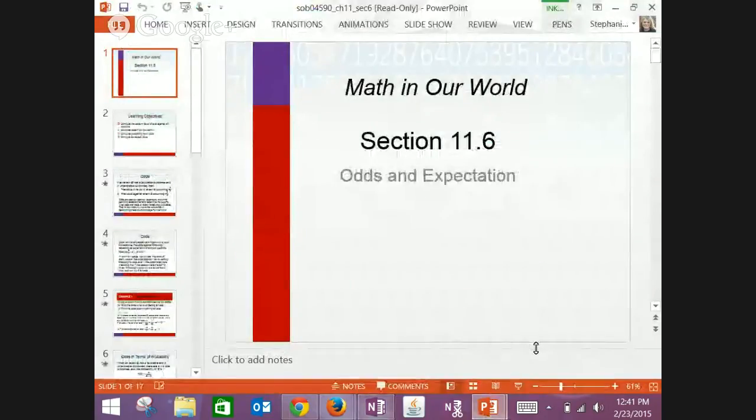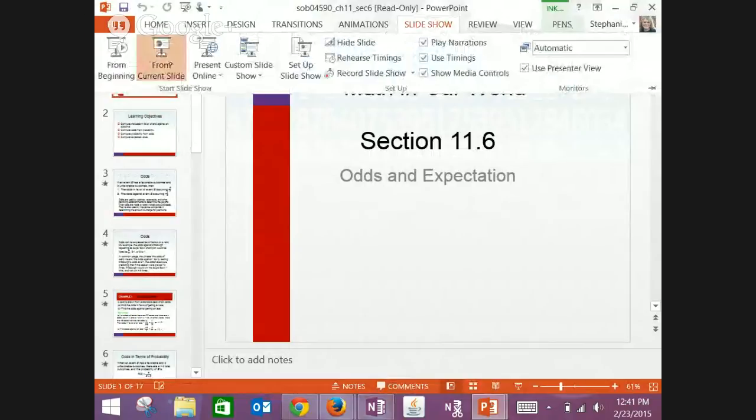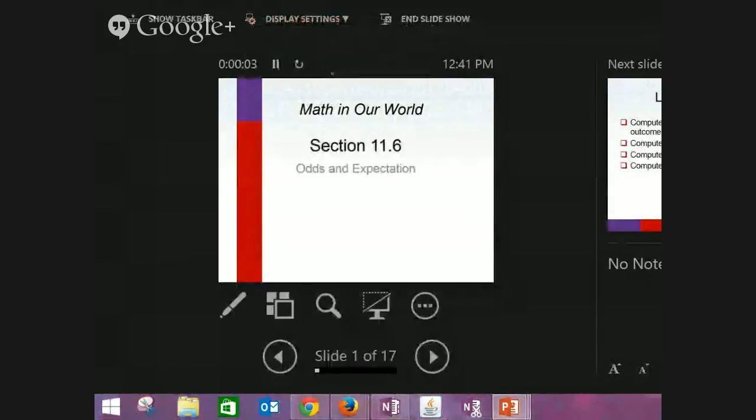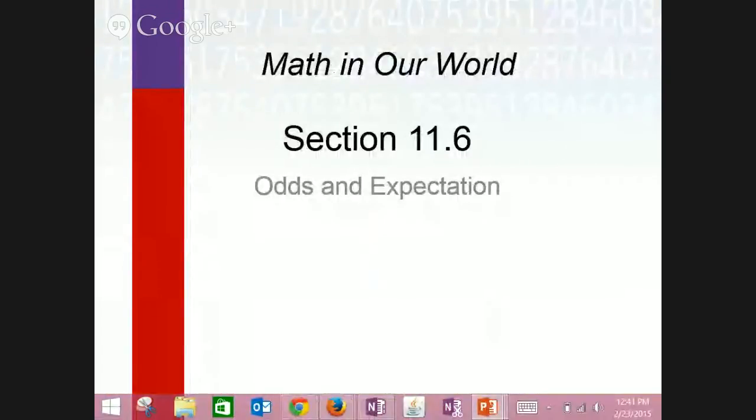Okay, so we finished 11.5. So 5 minutes, then 11.6, since I gave you guys the handouts there. Now in this book, we're going to odds and expectations, which a lot of times you see things published as odds.